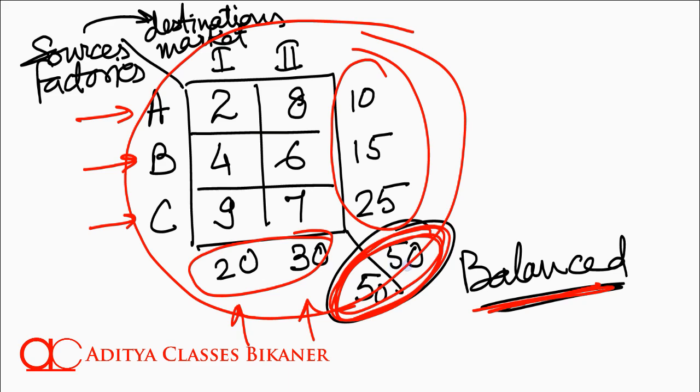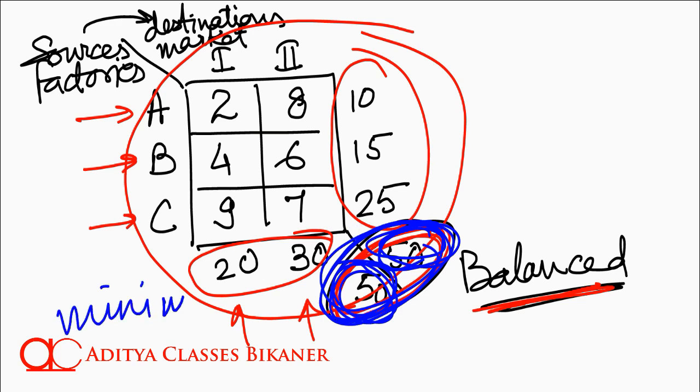I need to transport my 50 units to a demand of 50, and I need to accomplish this at minimum cost. That is what we'll try to do in these transportation problems.